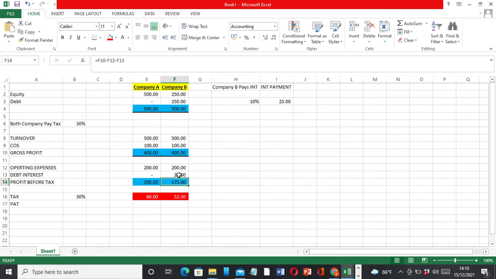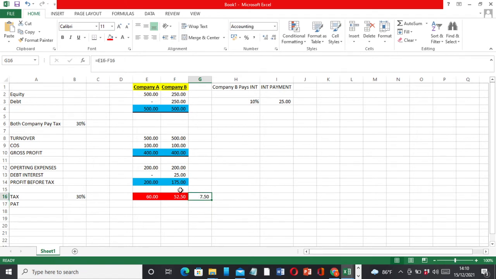Since you have a lower profit, your tax comes down to 52.50 compared to 60. There's a clear saving. Let me see how much the savings is, right? Company B is saving 7.5 million in tax. That's a lot of money.